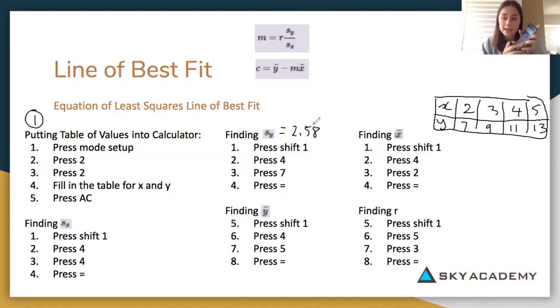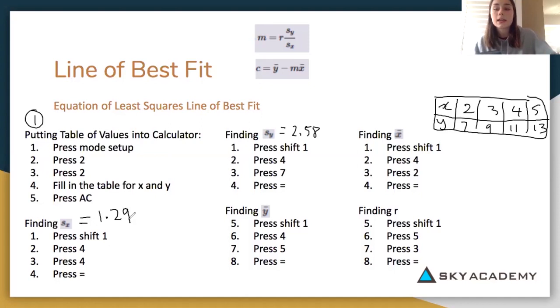Then you can press AC, press Shift 1 again, press 4 again, and press 4 again to get SX. And then you will get a value of 1.29.